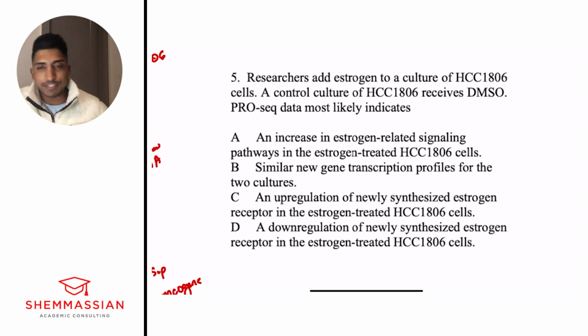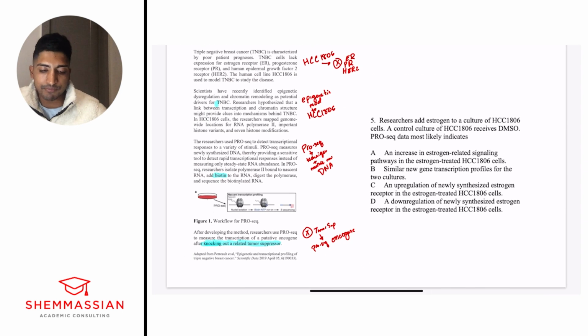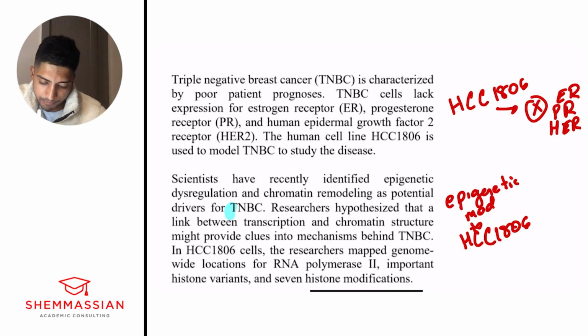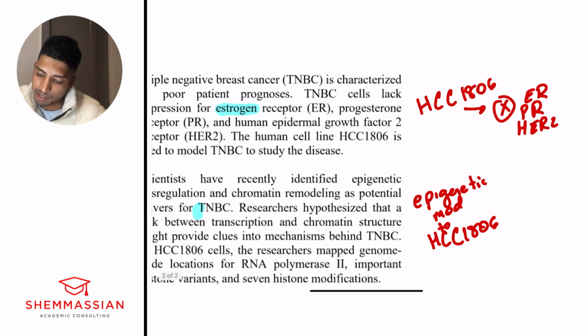Again, a lot of details right here, right? We never really talked about DMSO or a lot about estrogen, but there was one part of our passage where we did talk about estrogen. And where was that? Very, very early on, right? That was right here, and we have it in our summary.